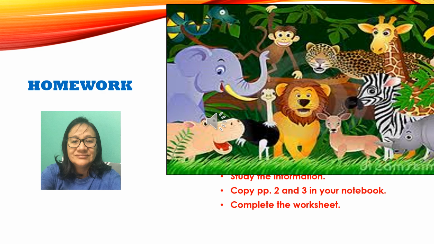On the next page, we have a question. Why is biodiversity important? And we talked about Madagascar Island and how people from this island destroyed 90% of their forests.